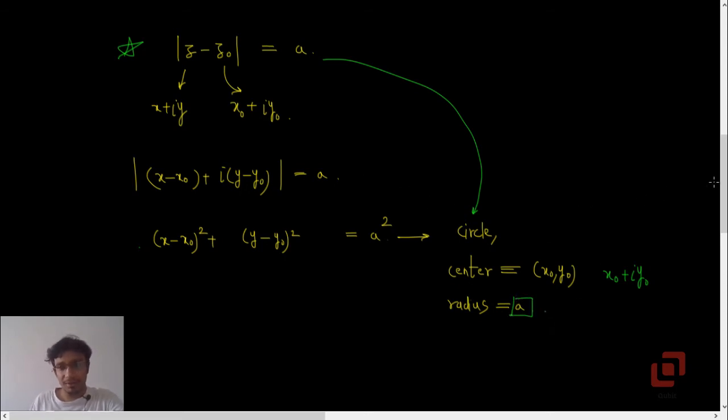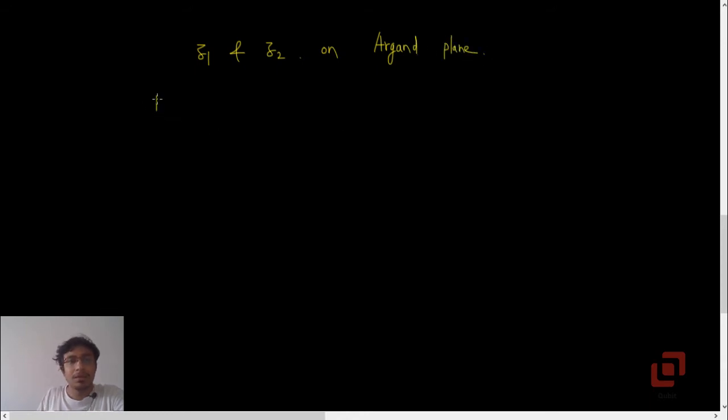Now from this equation we can also conclude the following. If we have two complex numbers z1 and z2 on the Argand plane, then the distance between them is given by mod of z1 minus z2. Can also be given by mod of z2 minus z1.